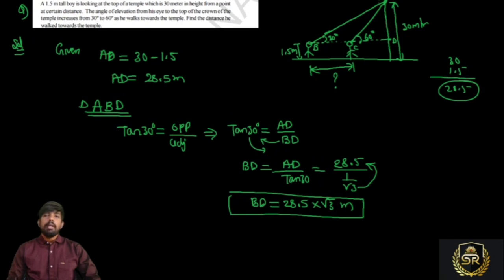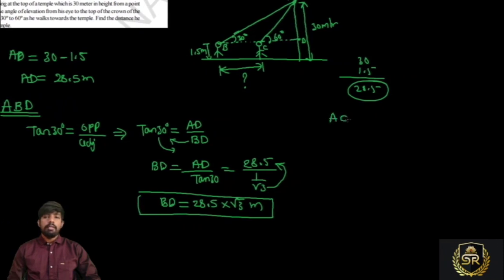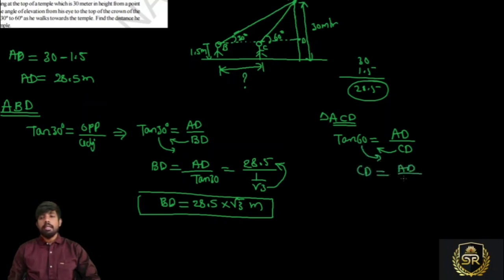Next, consider the right angle triangle ACD. Then tan 60 degrees is equal to the opposite side AD by the adjacent side CD. So CD is equal to AD by tan 60 degrees.